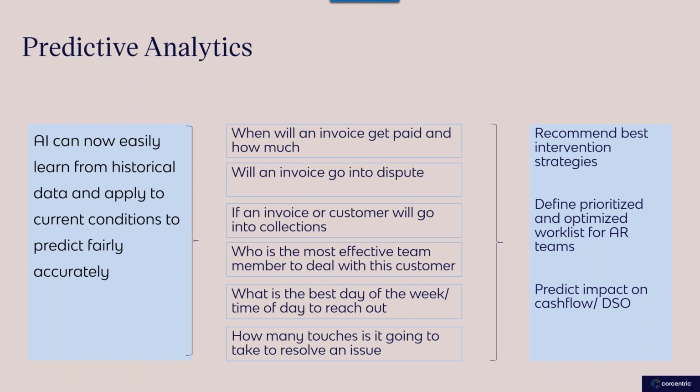And by applying that to the data that you have, one application in AR, for example, is being able to predict when an invoice is going to get paid. That's pretty interesting, because if you can detect that the invoice will be late before it's actually late, you can anticipate and start working with your customer, and basically something that may get paid late will be paid at the right time if you anticipate that beforehand, okay?